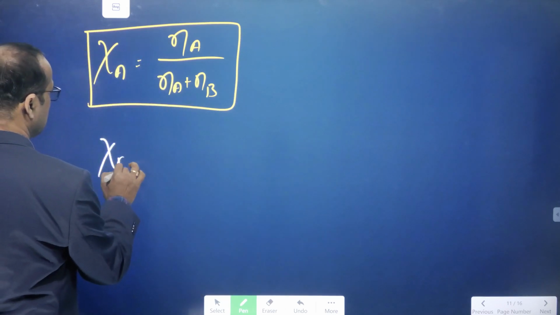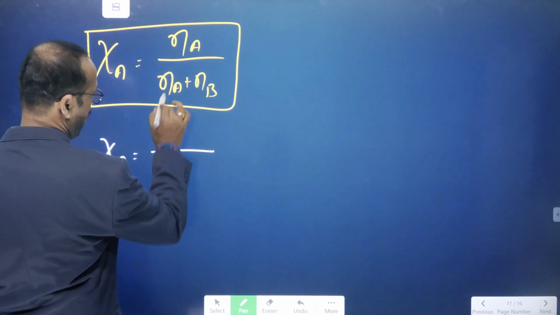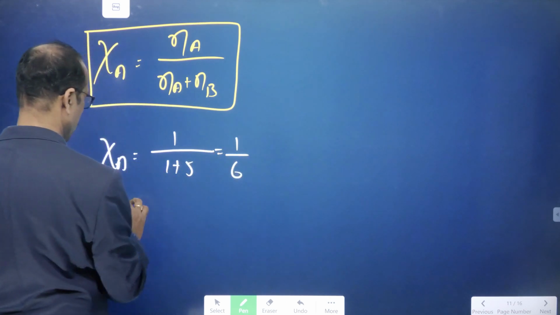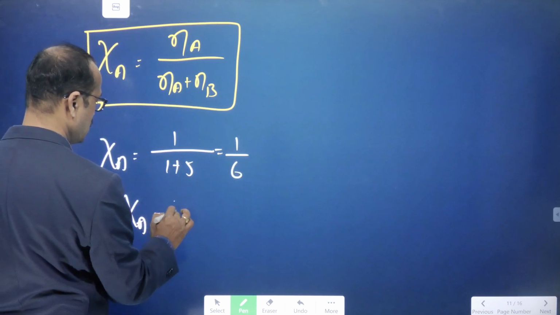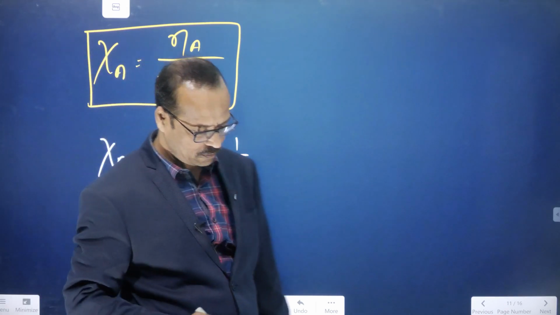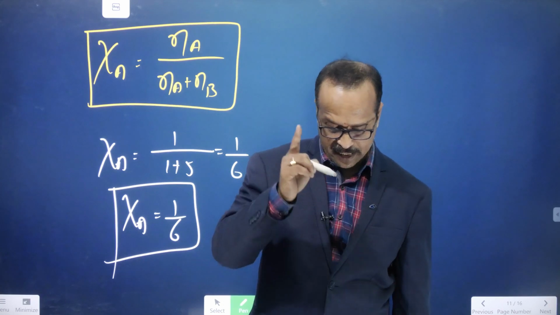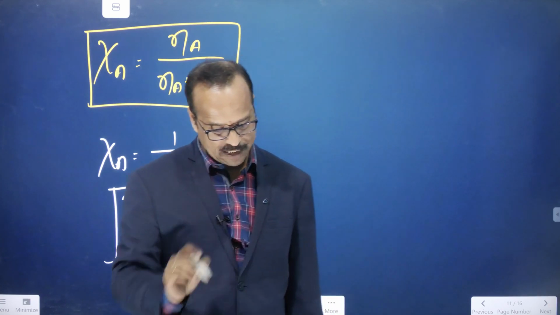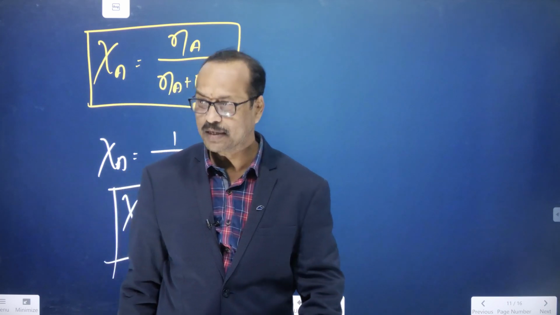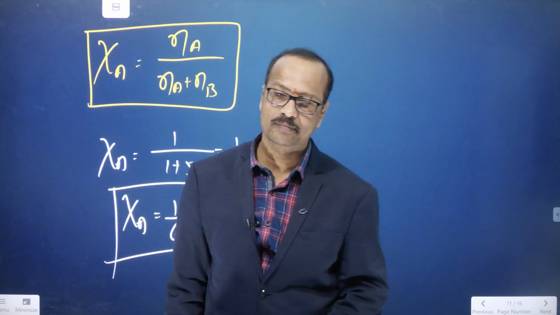So XA is equal to 1 by 1 plus 5, that's equal to 1 by 6. So mole fraction of solute is equal to 1 by 6. Check the answer. Question number 10, yes. So the second option, 1 by 6 is there. So 1 by 6 is the right answer.